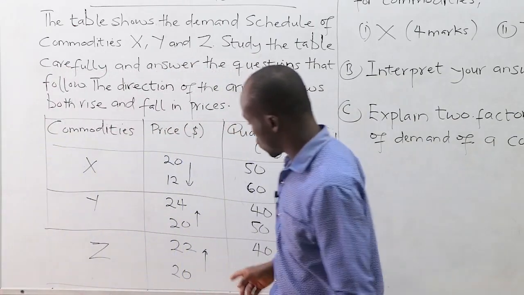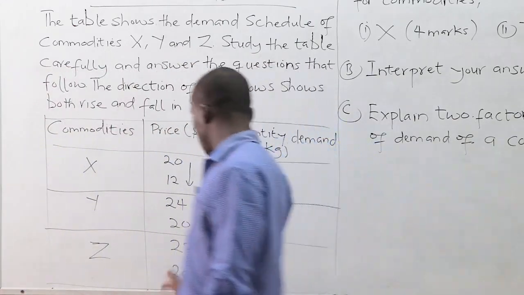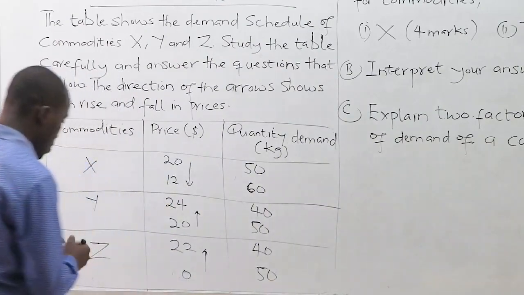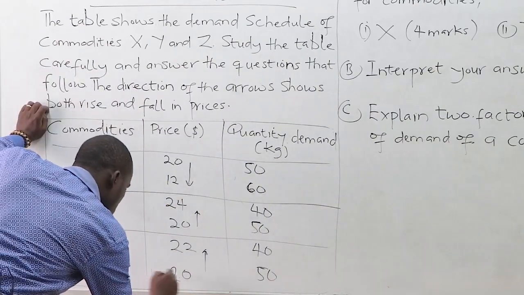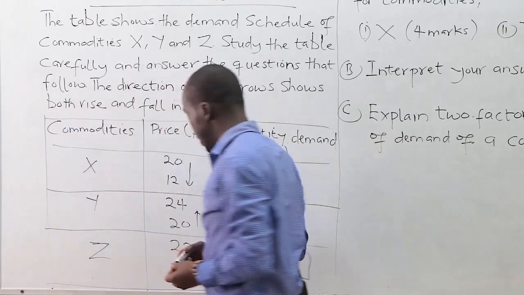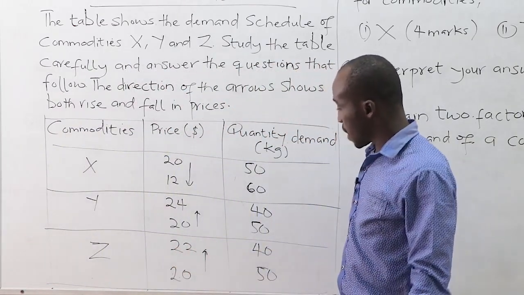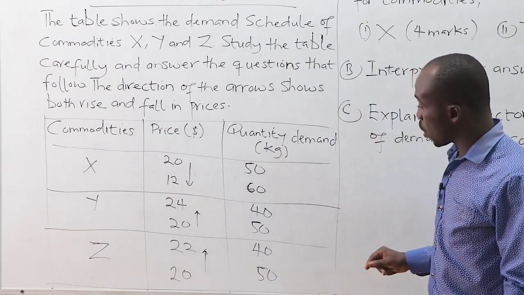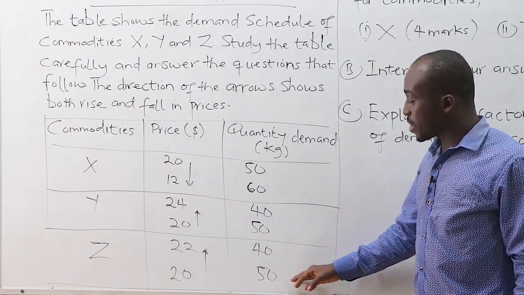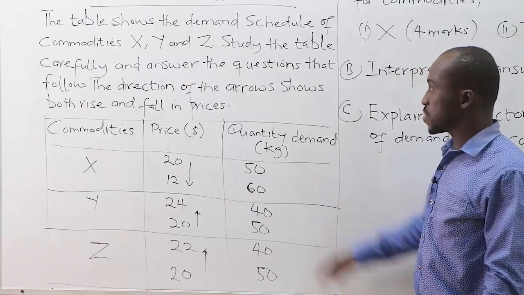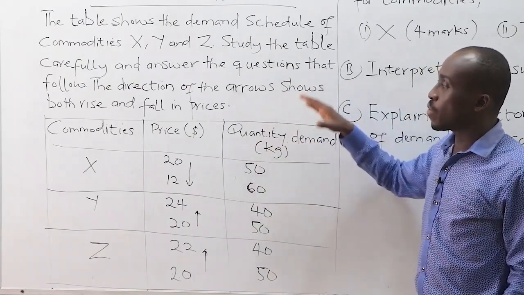Z, the price was 20, and now it moved to 22, right? And the quantity demanded also decreased from 50 to 40 units. So you have seen this distribution of commodities X, Y, and Z.